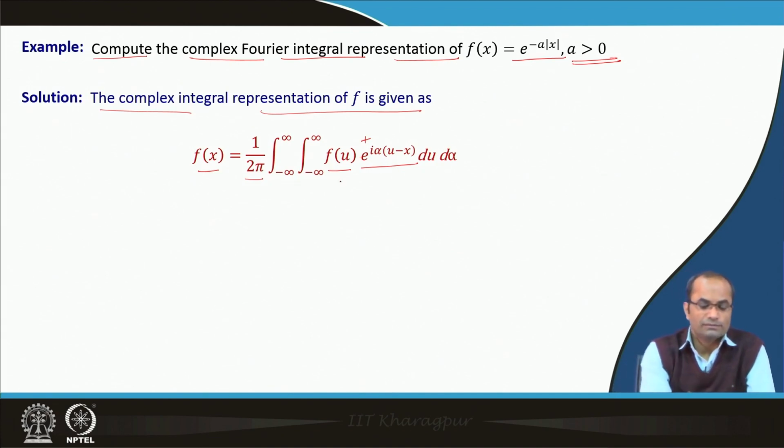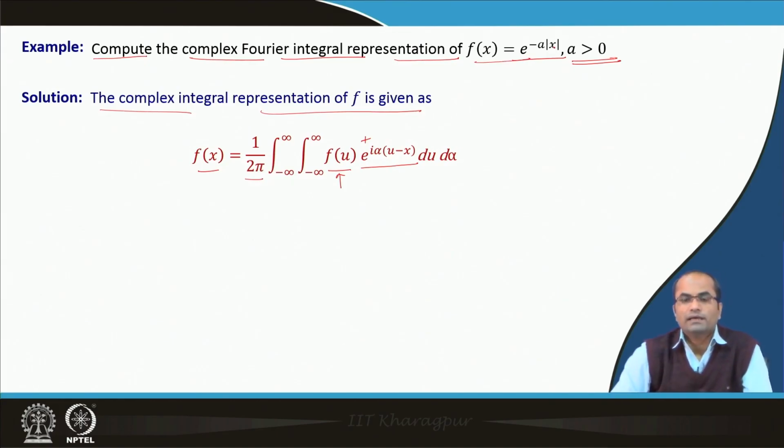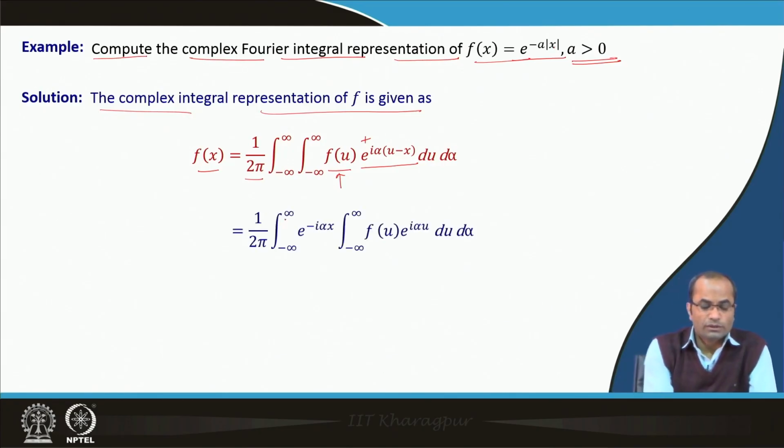So, we can substitute now for f(u), where f(x) is given already there, e power minus a absolute value of x. So, here we have minus infinity to plus infinity and then e power minus i alpha x. So, we have again split it into 2.